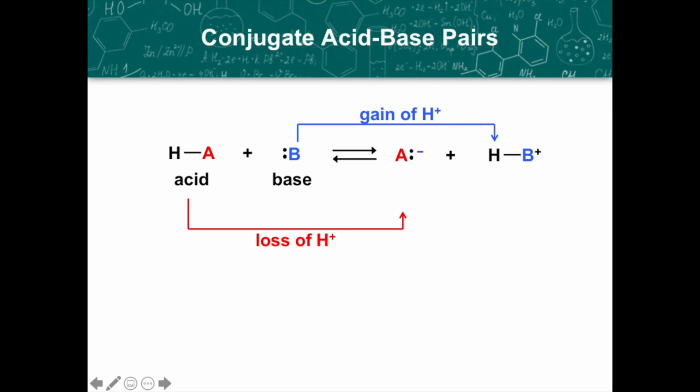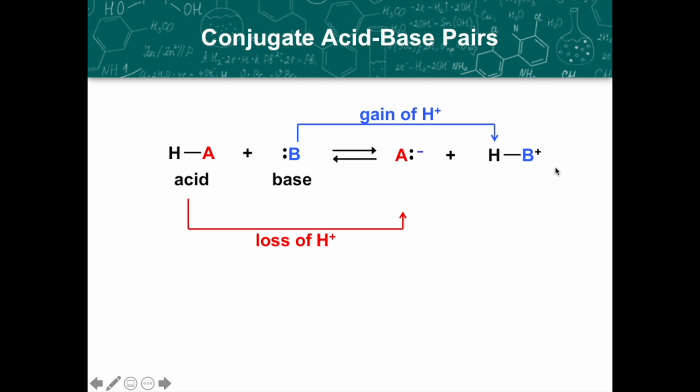So the product formed from a loss of a proton from an acid is called its conjugate base, while the product formed by a gain of a proton by a base is called its conjugate acid. Thus, in this example, the conjugate base of the acid HA is the A- ion, while the conjugate acid of the base B is HB in the product.